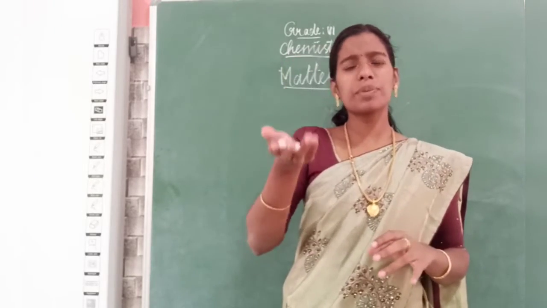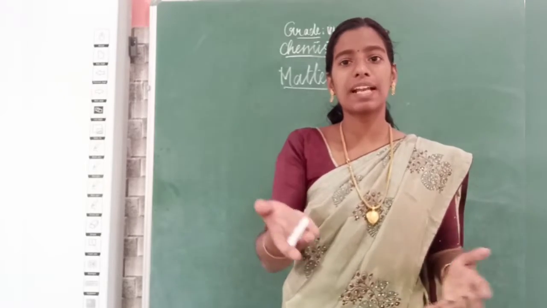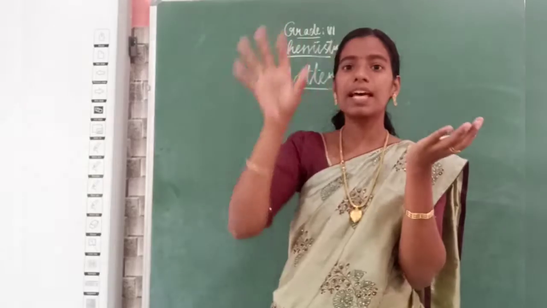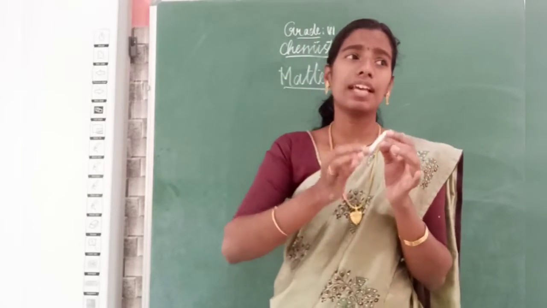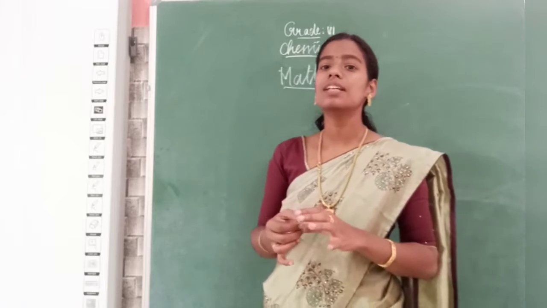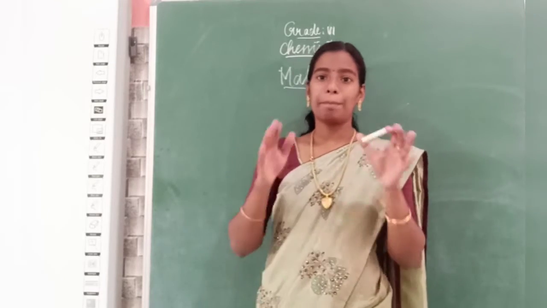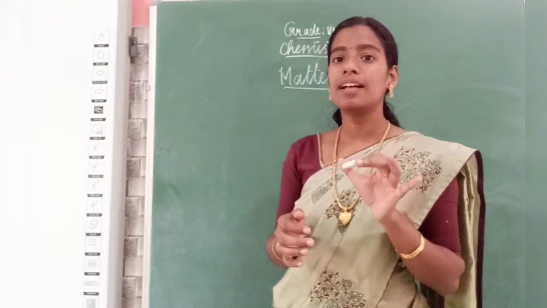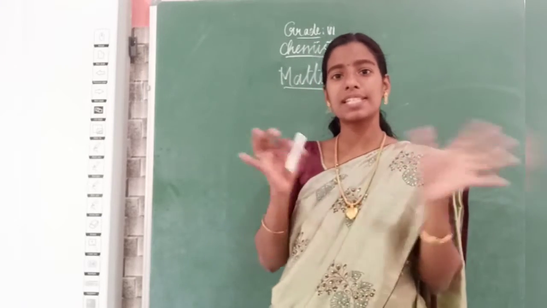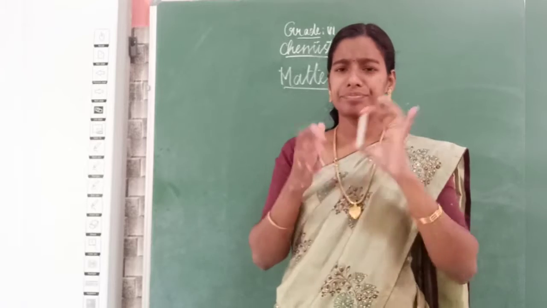When you weigh this chalk piece, it may be 100 gram, 50 gram, 20 gram, like that. It is occupying some space in nature. When a thing has some mass and occupies some space, it is called matter.